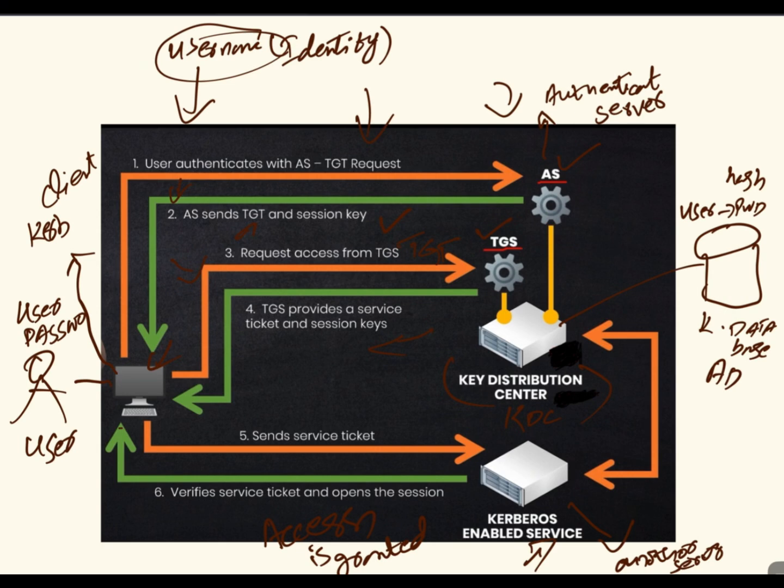Short memory hooks: KDC equals AS, the essential component, KDC being the key distribution center. AS, TGS: authenticate once, ticket everywhere. If you can decrypt it, then you know the password, so you have the right password. Ticket plus time plus trust.